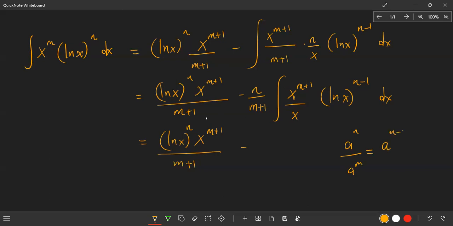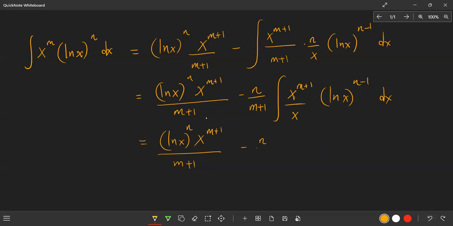This x is raised to power 1, so you can write those two as x raised to power m plus 1 minus the power of the denominator, which is just 1. So what you're going to end up having there is just x to the power m. So this just simplifies to x to the power m.